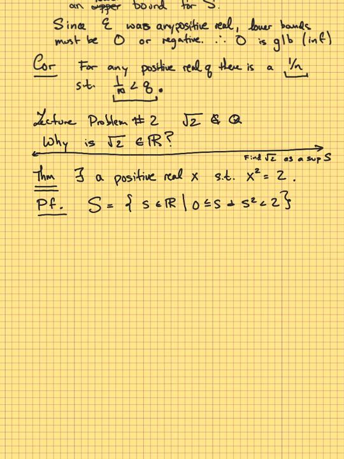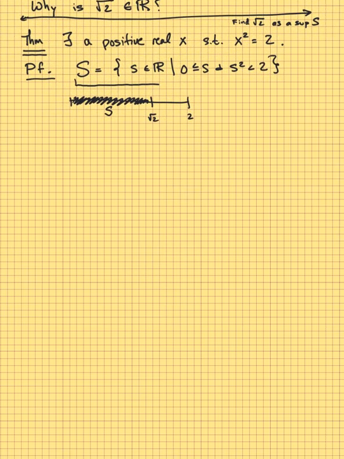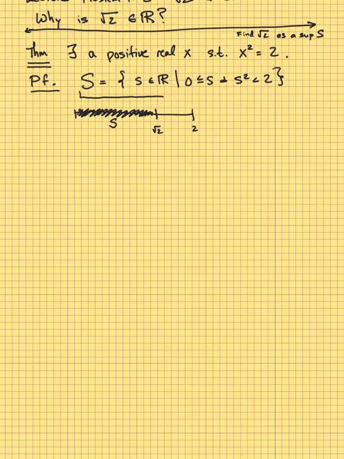Okay? So here's 2. Here's what I want the square root of 2 to be, and I'm looking at this set S. So it's getting closer and closer to what the square root of 2 should be. And then you want to say that completeness ensures that the sup is in there. Okay?